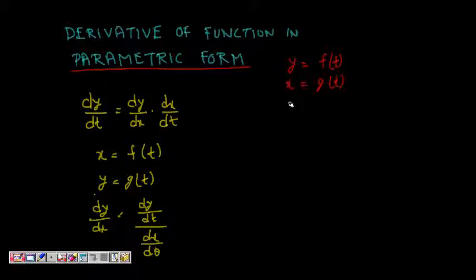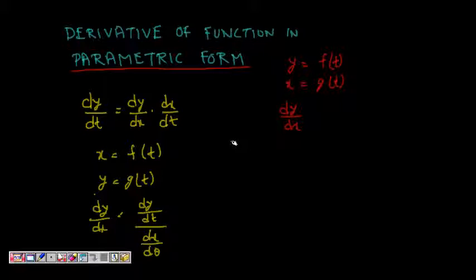In this case, if you are asked to find dy by dx, how do we do it? Both y and x are functions of t, but you are asked to find the derivative of y with respect to x.